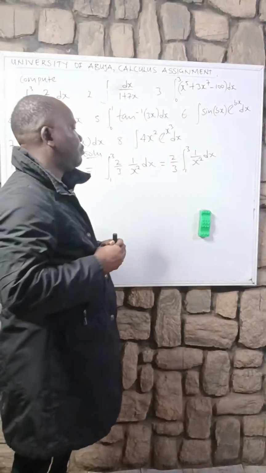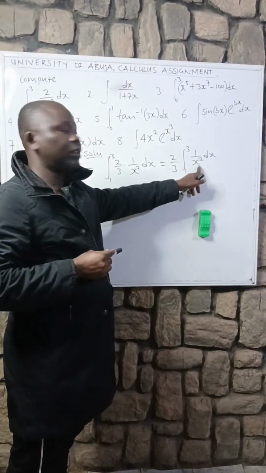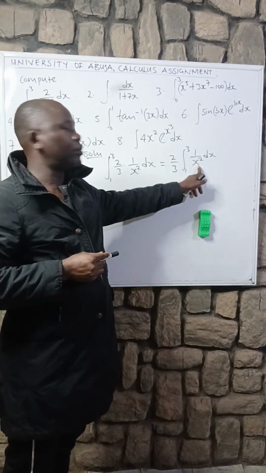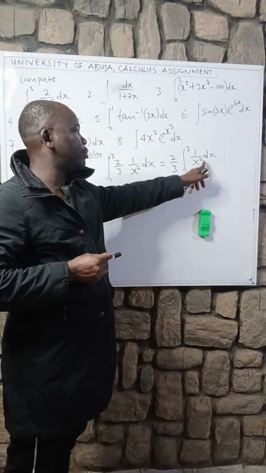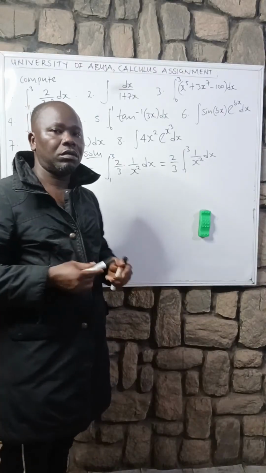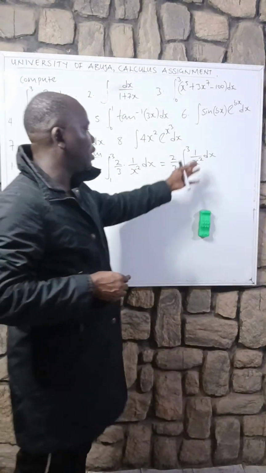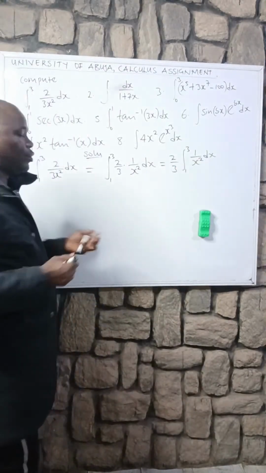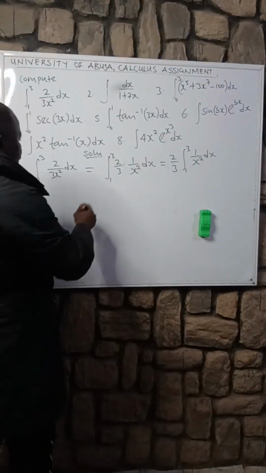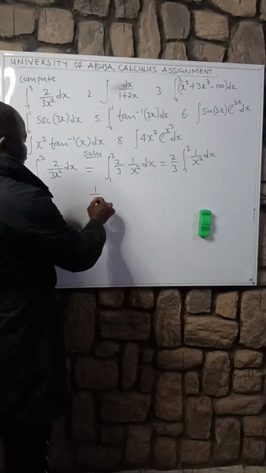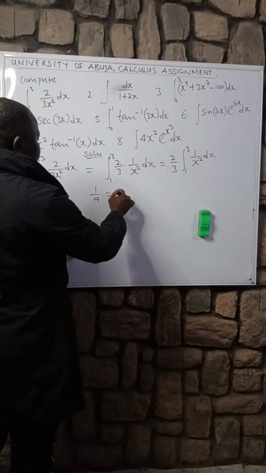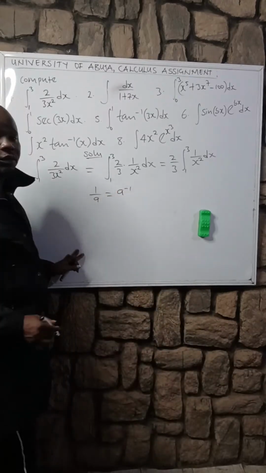Since the denominator here is x raised to power 2, what we need to do is apply indices. If we have something of this form, this is the same as a raised to the power of minus 1, true or false.